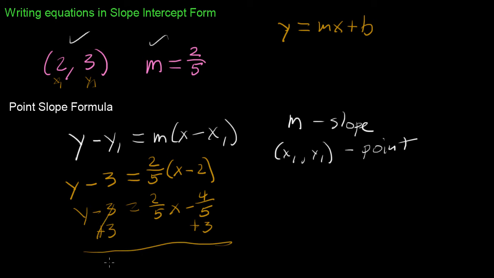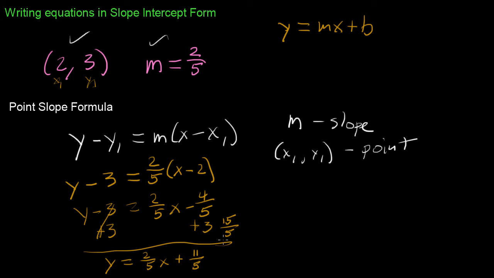That leaves me with y equals 2/5 x, negative 4/5 plus 3. 3 is 15/5. Is that accurate? Yes. 5/5 is 1, 3 is 15 of those. So 15 minus 4 leaves me with plus 11/5.